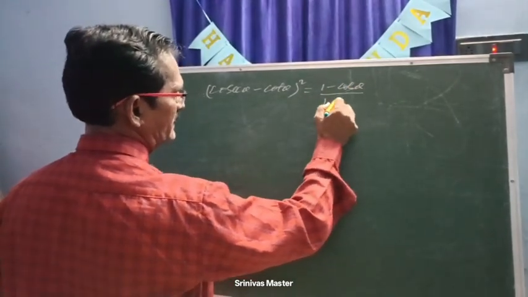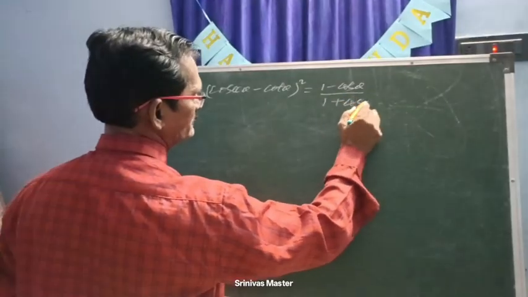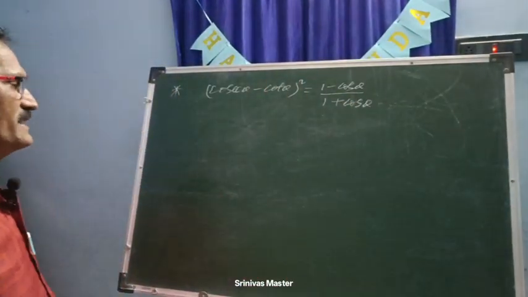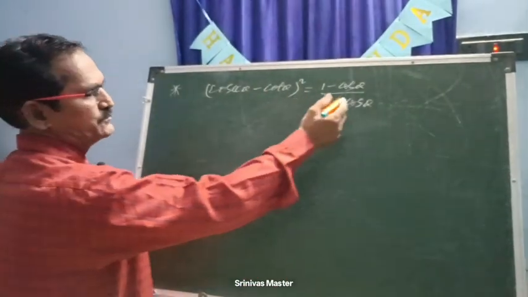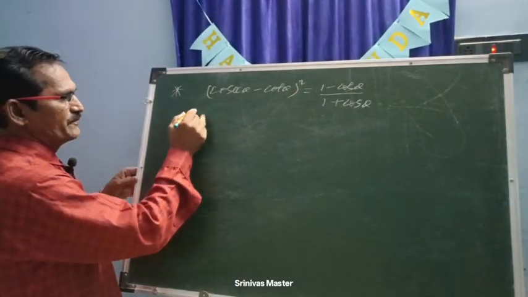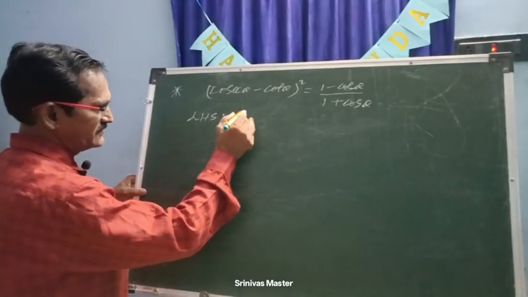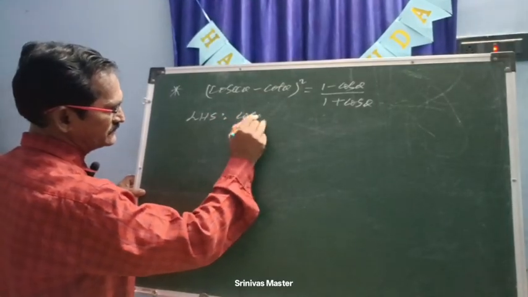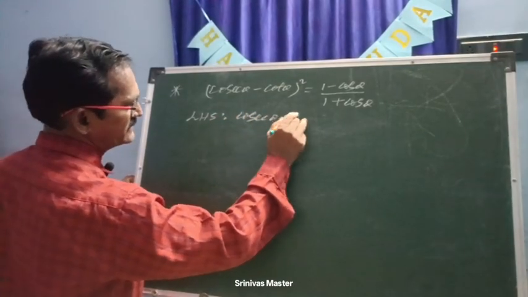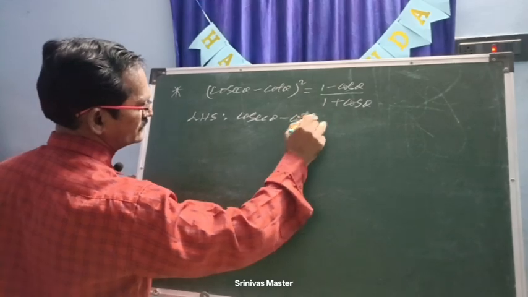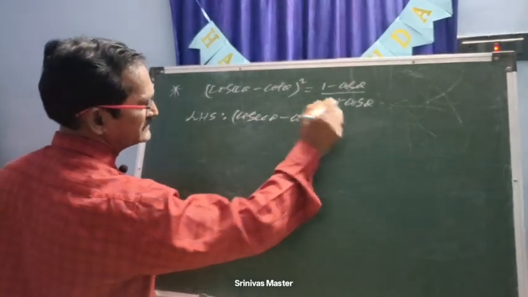Just take the LHS, then you can prove the RHS. So what is the LHS? Cosec theta minus cot theta whole square, right?